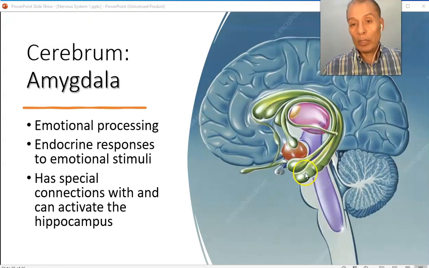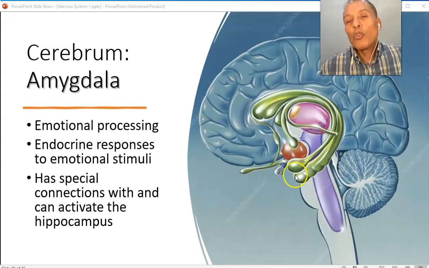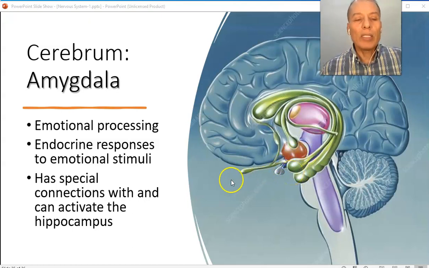Also the amygdala itself has components to store socially relevant information, especially like when you have a good time somewhere, that gives it that joy when you remember that event.